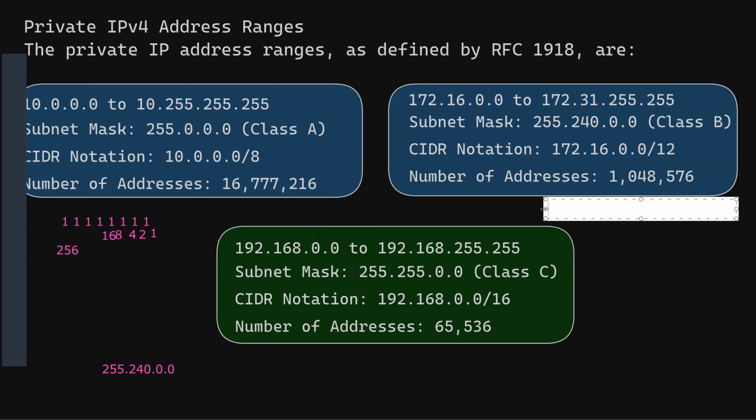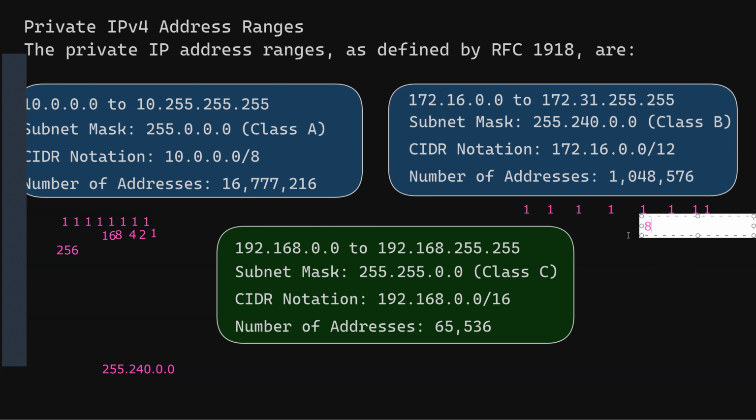This will be 1, this will be 2, this will be 4, this will be 8, 16. I need some more space here. Let me try one more time: 1, 1, 1, 1, 1, 1, 1, and 1. So 1, 2, 3, 4, 5, 6, 7, 8. Now this will be 1, 2, 4, 8, 16, 32, 64, and 128.